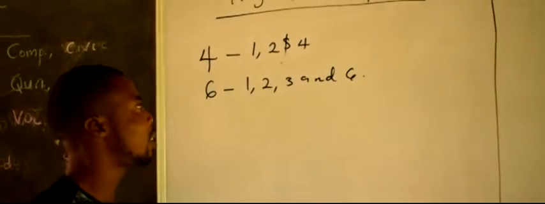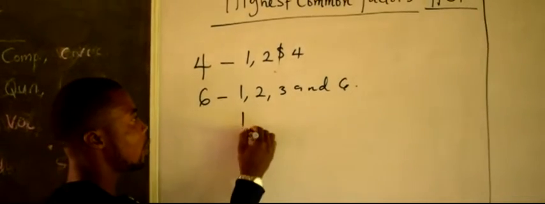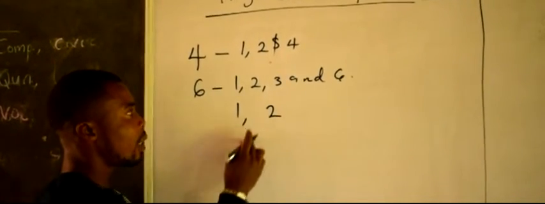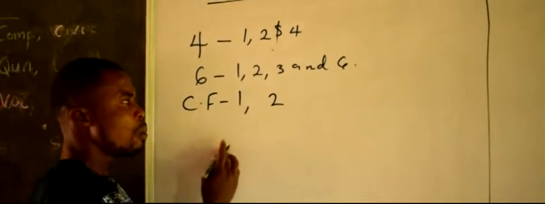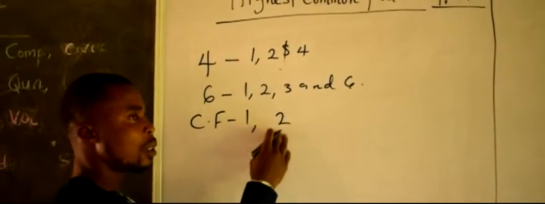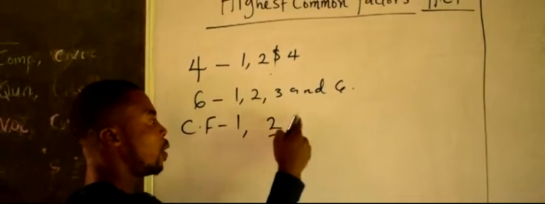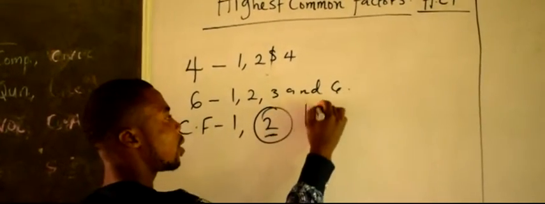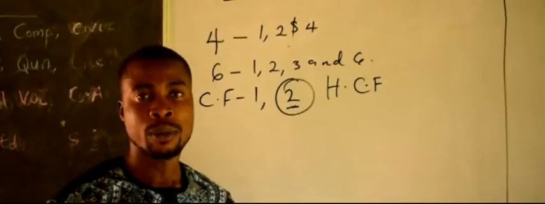Here we are looking at the common factors among these. The common factors are 1 and 2, but the highest of the common factors is 2. The highest of the common factors is known as the highest common factor.